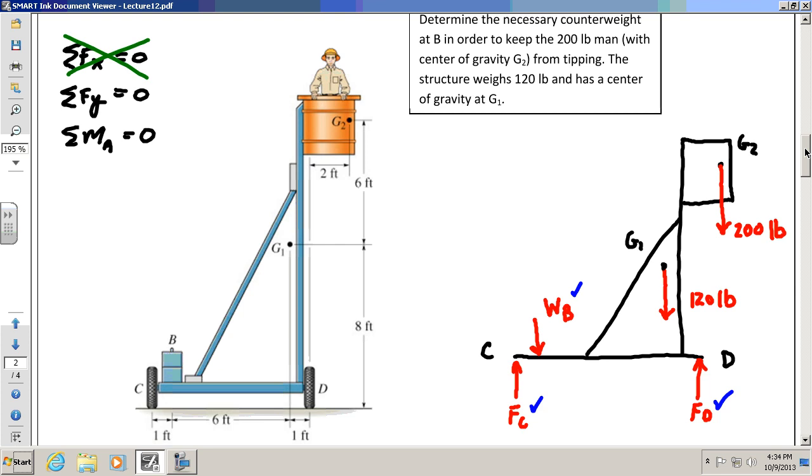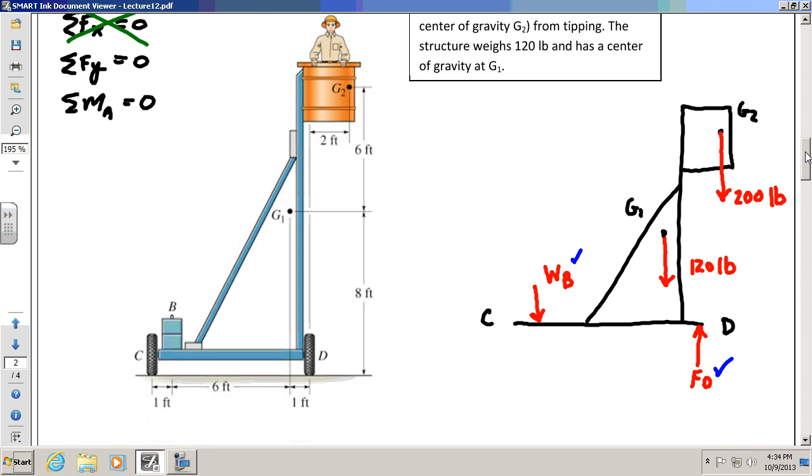So what we do is we solve this by eliminating FC. If it's just about to tip, then that tire at C is going to basically pull off the ground. Just a little bit. And that's the point where we're going to look at the equilibrium. This is going to be our worst case scenario.